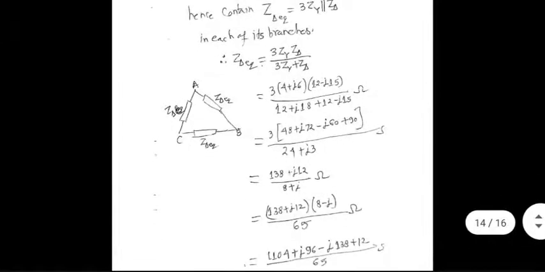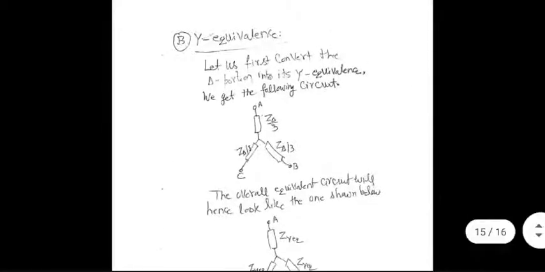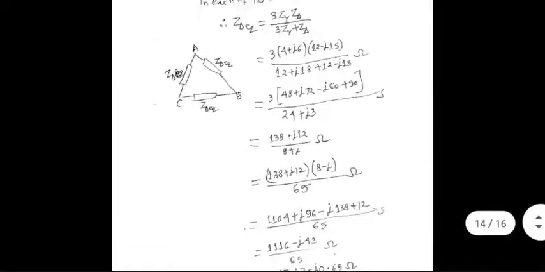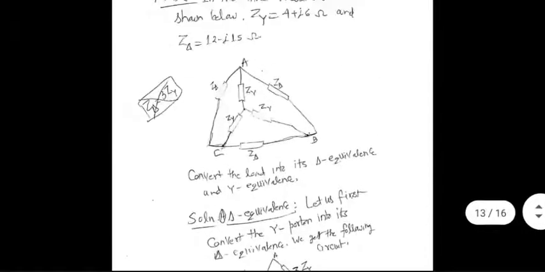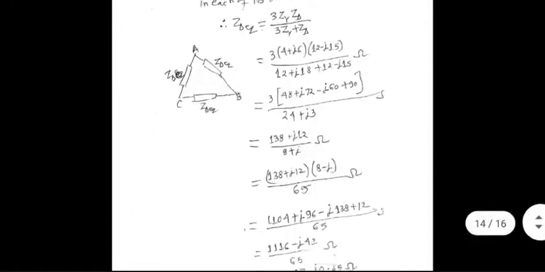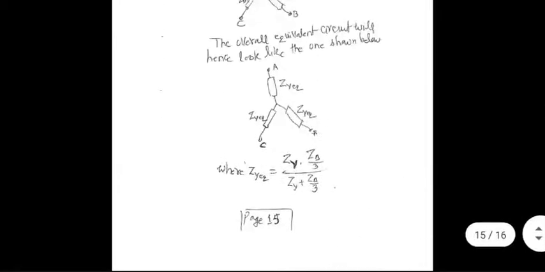And then you simplify. Yeah, this Y load inside will go in parallel with the other Y load that you have got as the equivalence for the outer delta. So this is the formula I got. And then, of course, you have to do the calculations again.